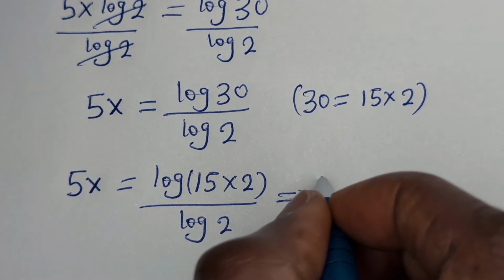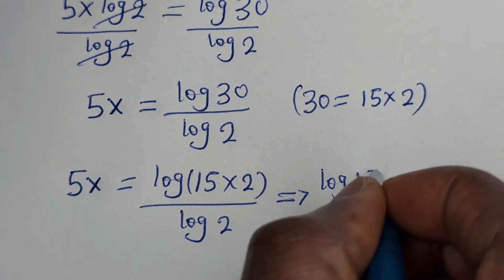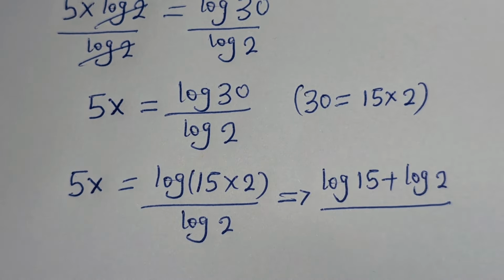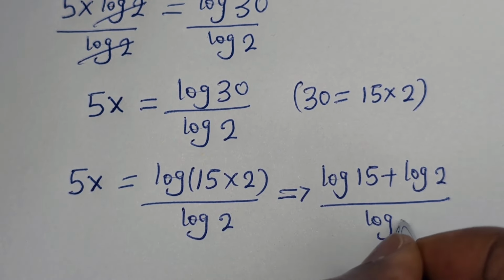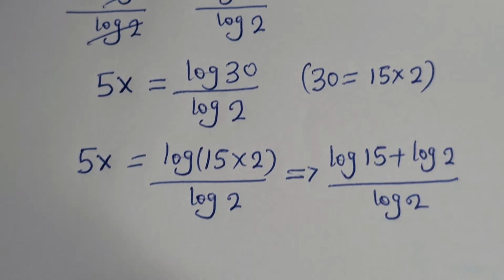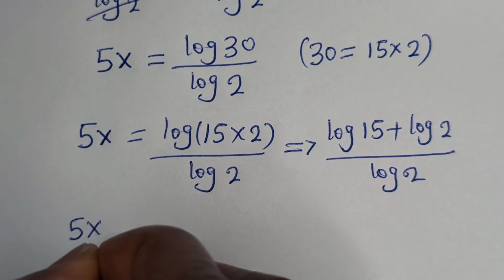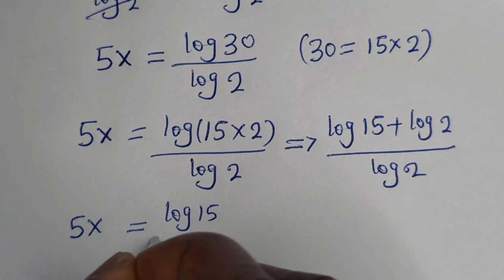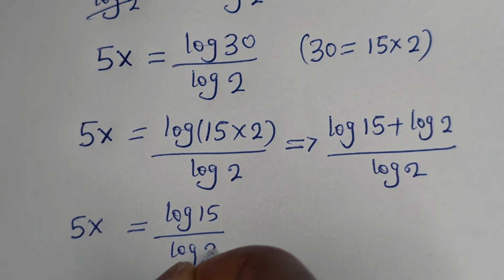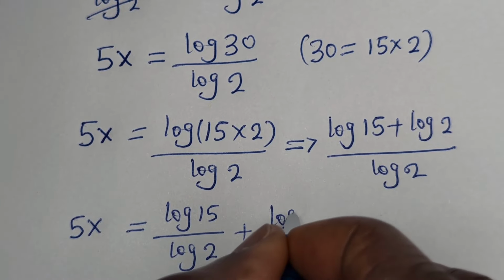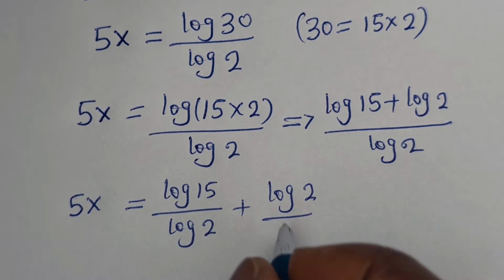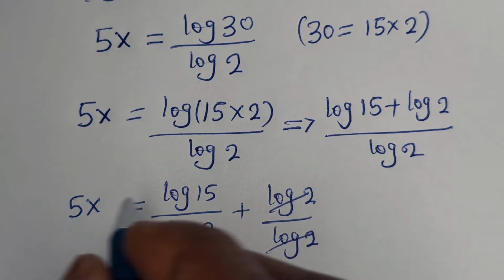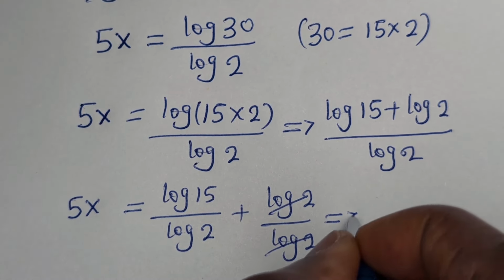And this is the same thing as log 15 plus log 2, divided by log 2. 5x is equal to log 15 divided by log 2 plus log 2 divided by log 2. This log 2 cancels this log 2.